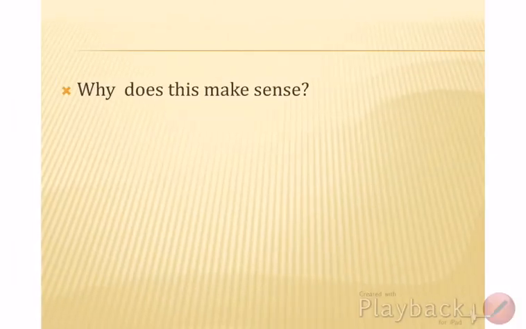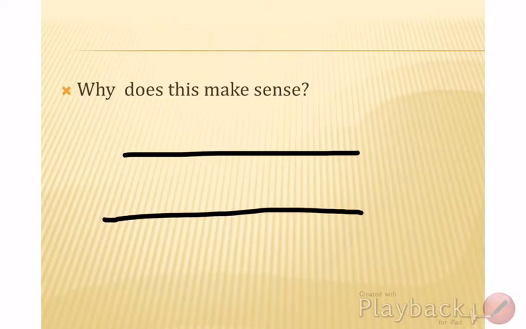Now, why would this make sense? Well, let me suggest this. Let's say you have lines that are parallel. We're not quite sure how long they are. But I have another set of lines that are parallel.